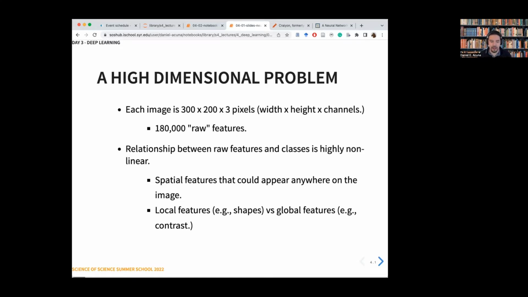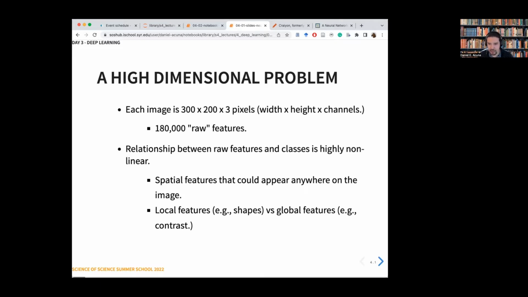If we use something like regression, where there is no basic interaction between the features in the simple case of linear regression, then it's really hard to make sense of an image with that technique.